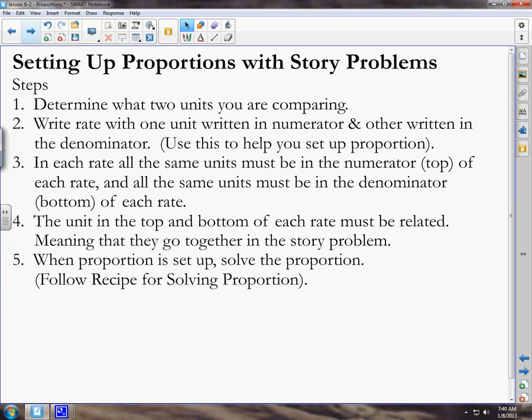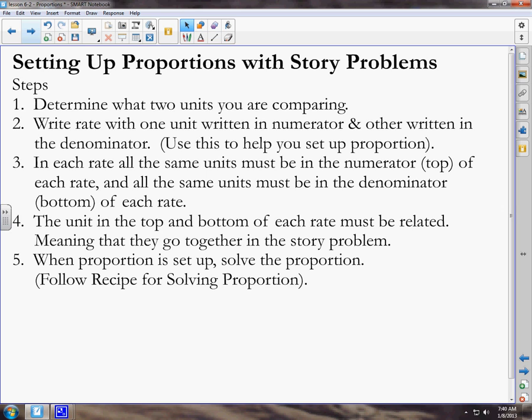Okay, so there are a bunch of story problems that go with these. And here's some steps. I don't want you to feel like you have to write all of this out. Paraphrase it. So number 1, determine what 2 units you are comparing. Write the rate with 1 unit written in the numerator and the other written in the denominator.